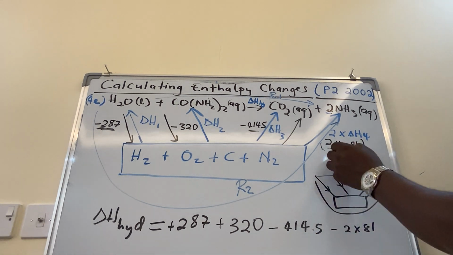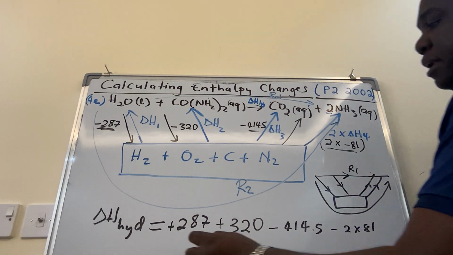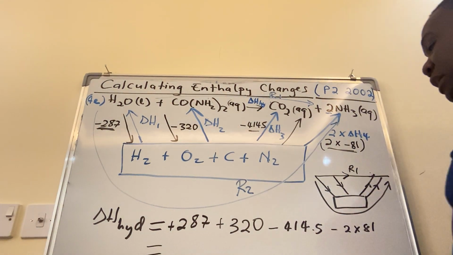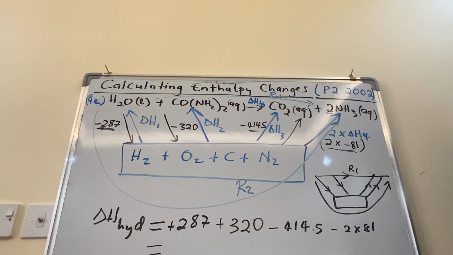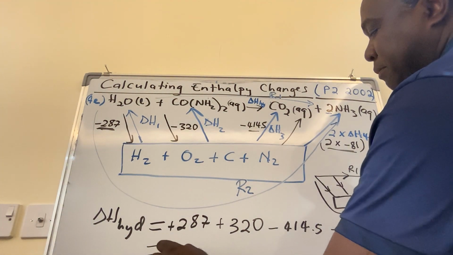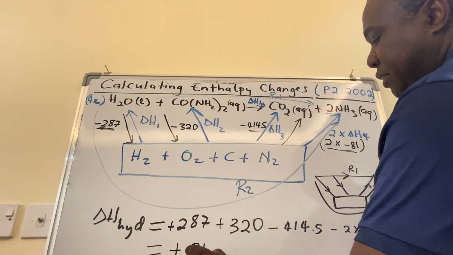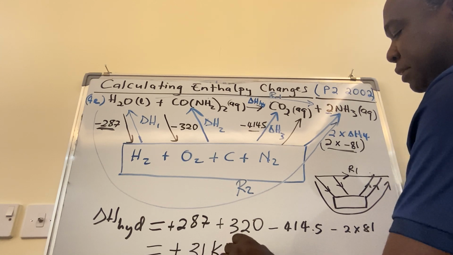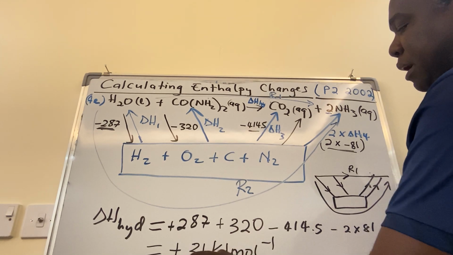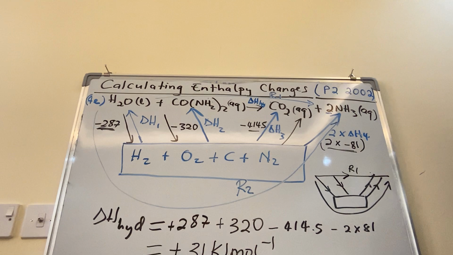We've put the minus sign here outside the bracket. Then if you do your calculation, you are going to get your answer as plus 31 kilojoules per mole. Never leave out this plus sign in your answer because the examiner will mark you wrong. That is very, very important.